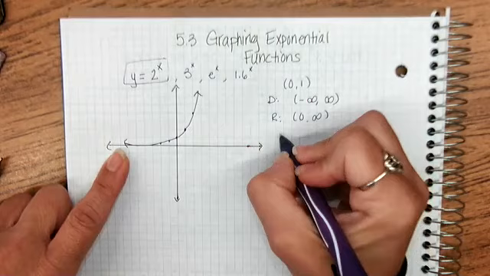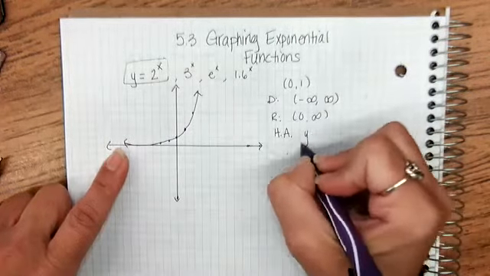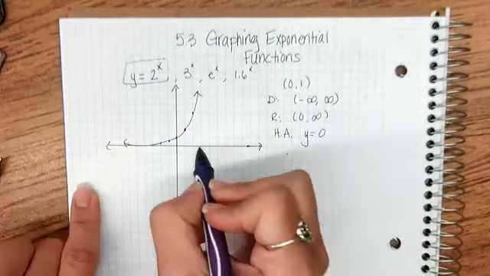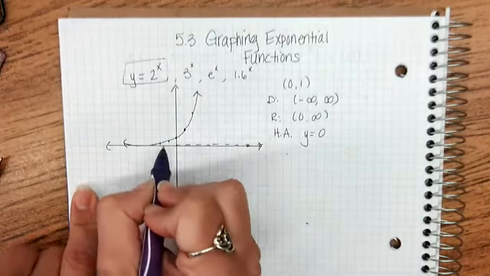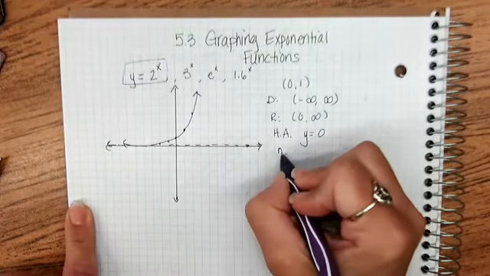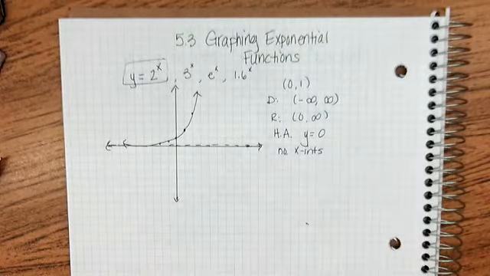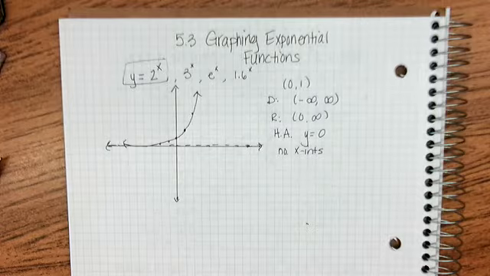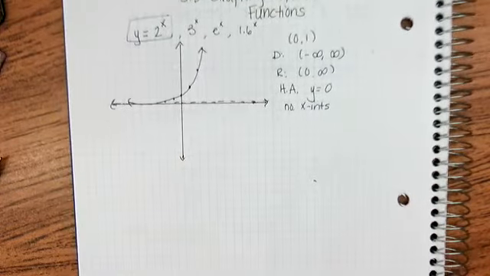And we have an asymptote, a horizontal asymptote, HA, at y equals 0. It's going to be hard for you to see, but I am going to draw in an asymptote here. There are no x-intercepts. All of these functions have the same generic shape.